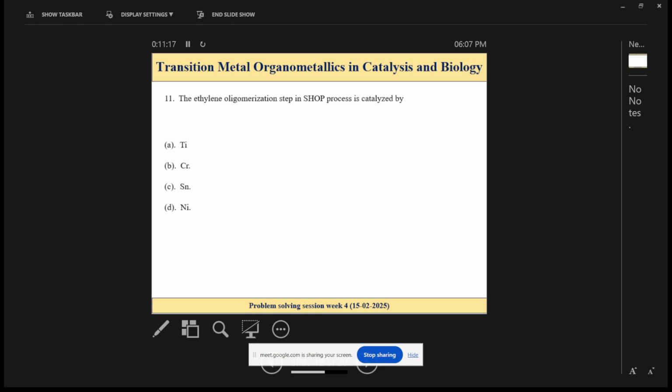That's why industrially a process was developed where this is carried out in a sequential manner to get the cross metathesis product selectively.